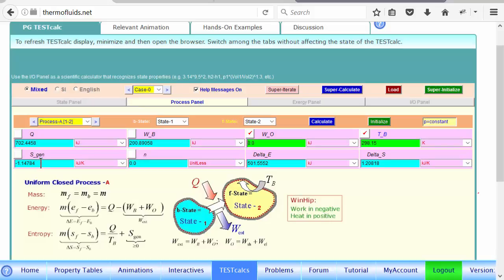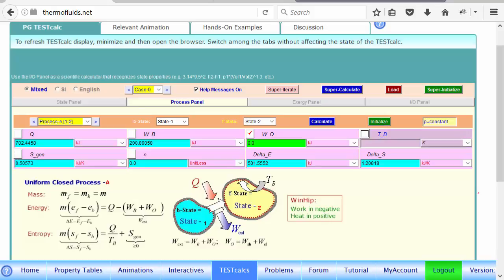Now you may think why the entropy generation is negative. That's because the boundary temperature is unrealistic here. This is something impossible. The gas is being heated to 1000 Kelvin. Boundary temperature cannot be 298 Kelvin. At least it should be 1000 Kelvin. You would have to agree. And if we have a realistic boundary temperature, notice entropy generation becomes positive.